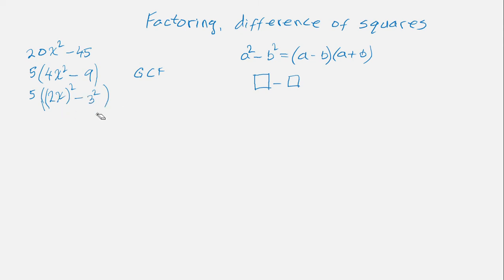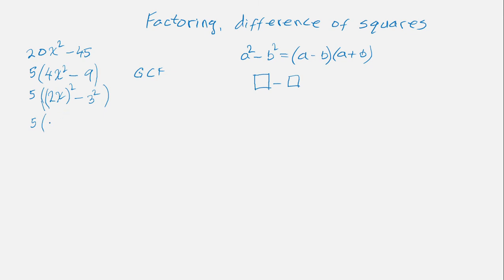Now all we need to do is apply this formula. In our case, what's under the first square, that's our a, so our a is actually 2x. And then what's under the second square, that's our b. In our case, that's actually 3. So we keep copying down the 5 and then follow the formula.